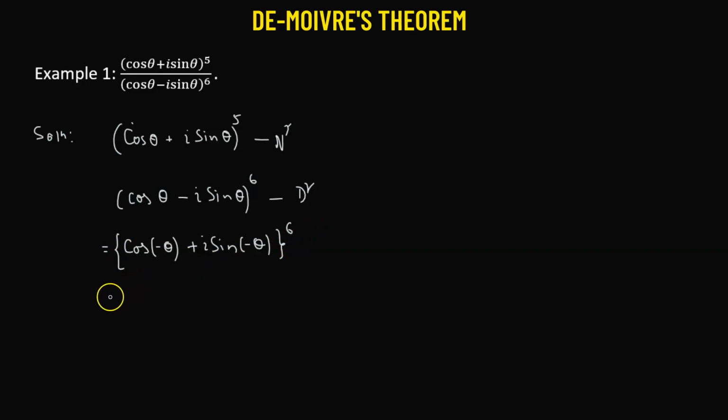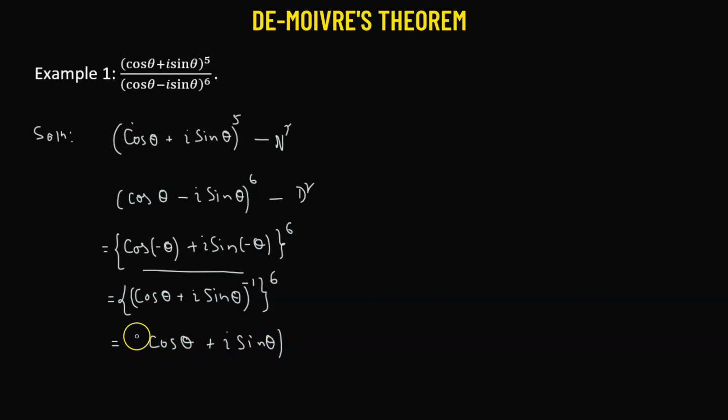Now we can use De Moivre's theorem to rewrite this expression as (cos θ + i sin θ) raised to the power of negative 1, and this entire thing is raised to the power of positive 6. So this will equal (cos θ + i sin θ) raised to the power of negative 6. Negative 1 times 6 will be negative 6.